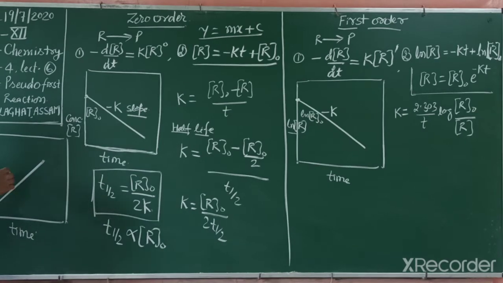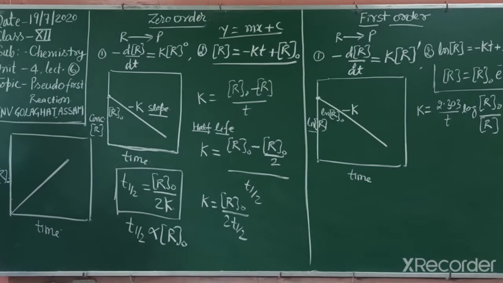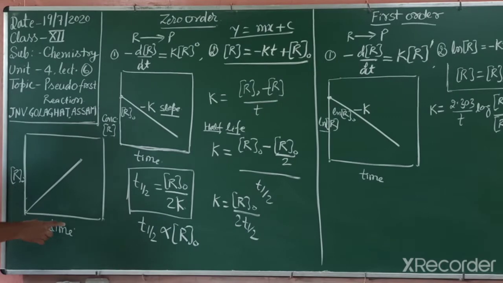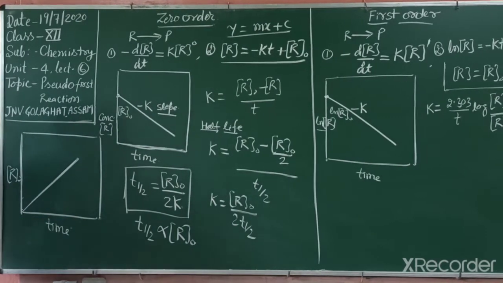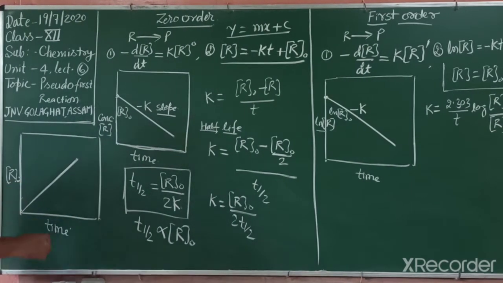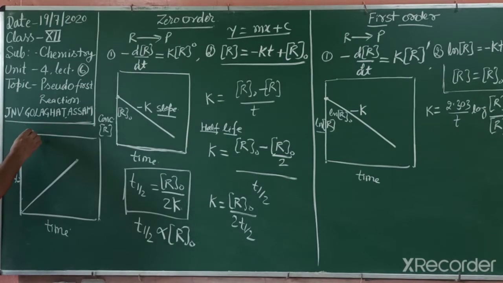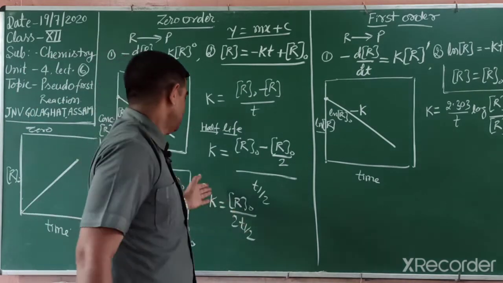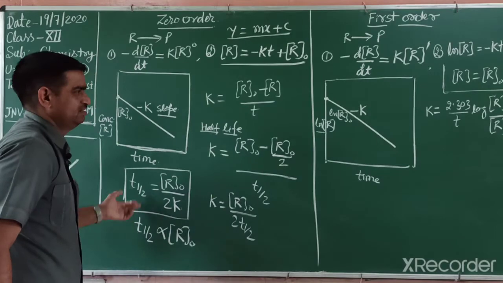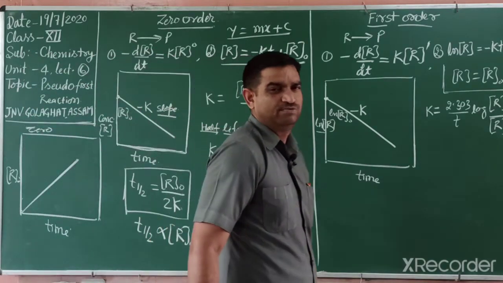When time increases, concentration also increases. Or you can write time on this side and concentration on that side. Both ways we can identify. This one is for zero order. You can take any coordinate. In this way, we can identify that half-life for a zero order reaction is directly proportional.